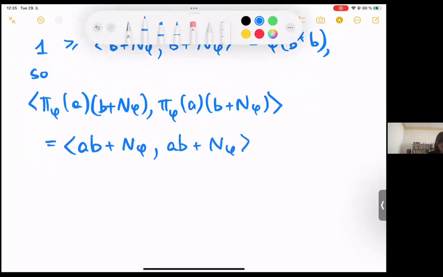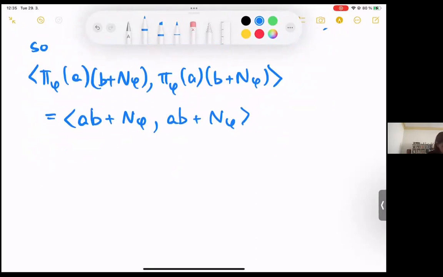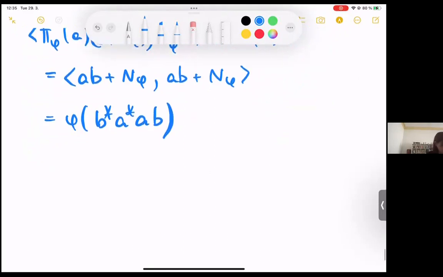So that's just by definition of pi. And this is just phi of b star a star a b. And a star a is always less than the norm of a squared times 1.